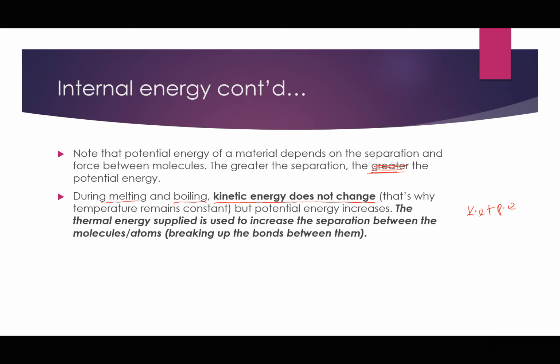That one you mentioned in IGCSE. Now the question is, where does the heat supplied go if it doesn't cause a change in temperature? The heat supplied is always used to break the bonds, or to separate the molecules by breaking up the bonds between them.